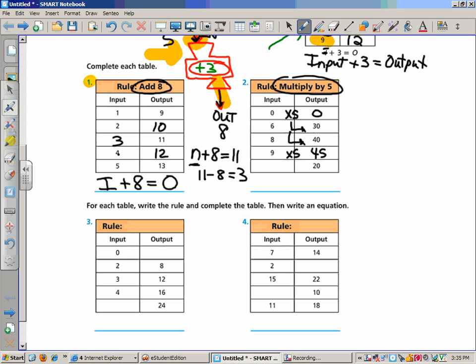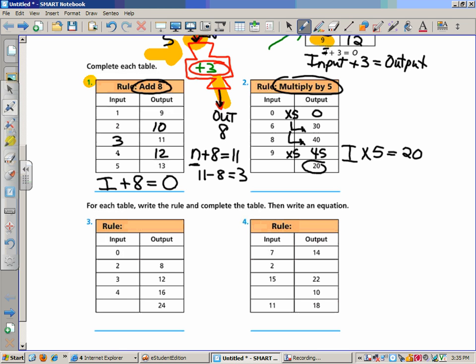All right, now again we have the output, and we need to figure out the input, so we need to think backwards. So a number goes in, times it by 5, and out comes 20. I guess I should be staying consistent here with my variable and not using n for number, but input goes in, you times it by 5, and out comes 20. So in your head you can do two things.